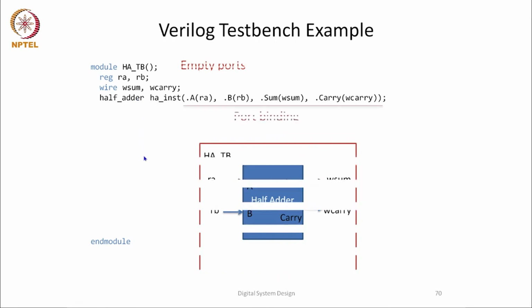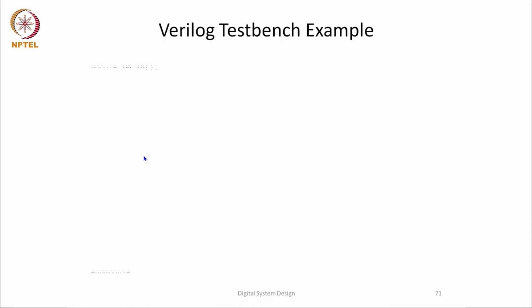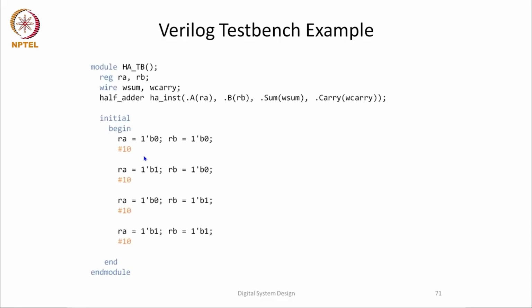Now let us see how we do it inside. We have to give some particular input to our inputs RA and RB. All these inputs have to be given inside an initial block.